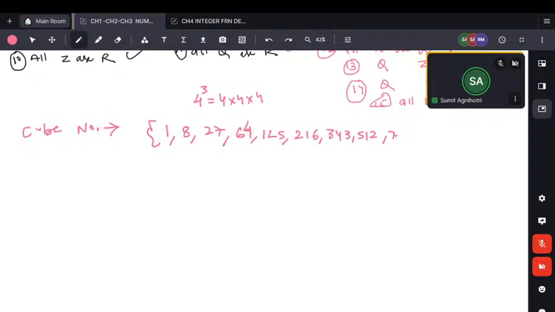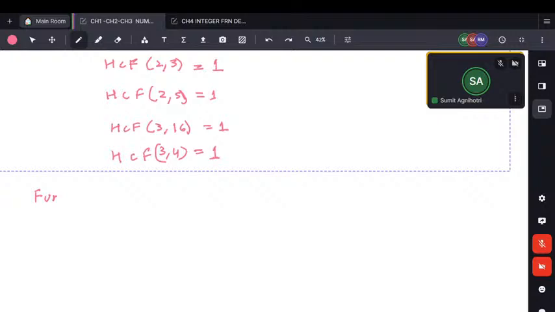And after this much discussion, there is one more thing that is called the fundamental theorem of arithmetic. This fundamental theorem of arithmetic tells you about prime and composite. It says every composite can be written as a product of unique primes.